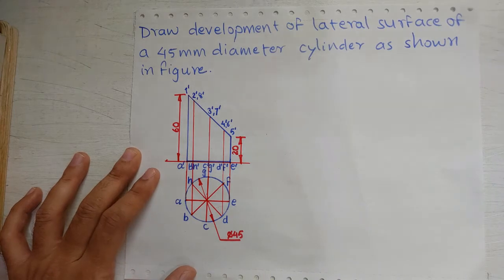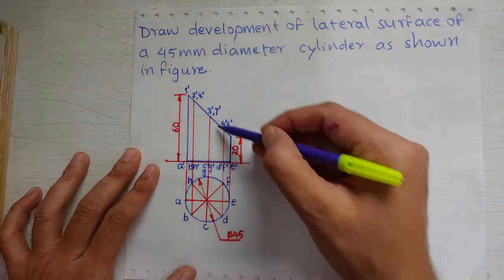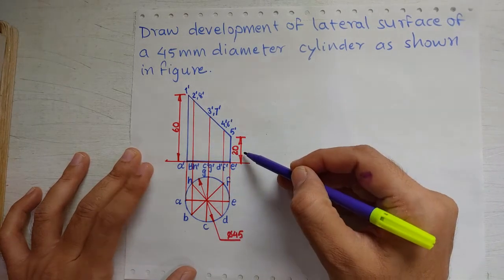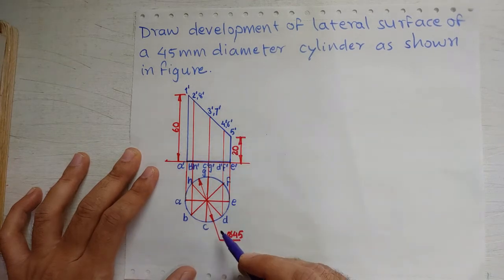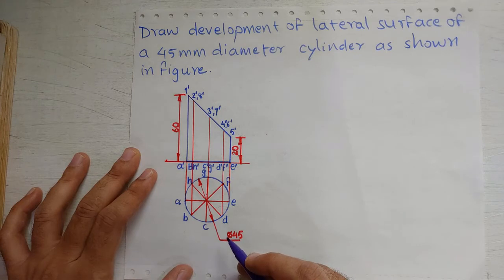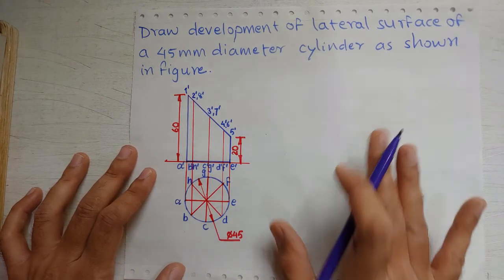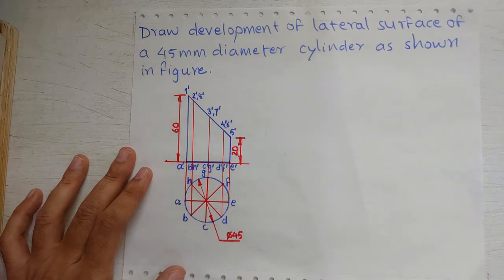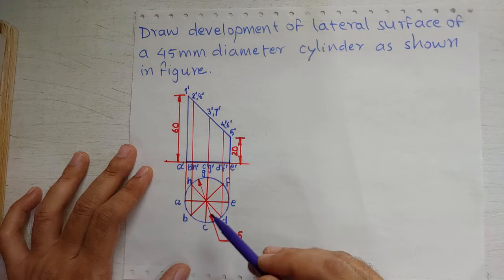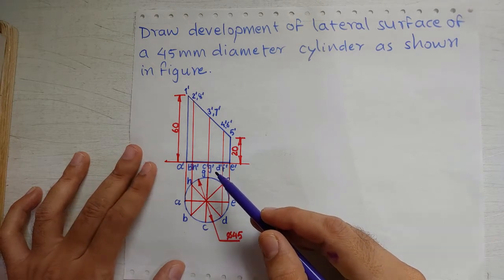The figure would comprise only of this shape, this dimension and the diameter of the cylinder. That is what will be given, and from that we need to develop the surface. So basically we can start solving the problem by drawing the front view and top view of the given solid.